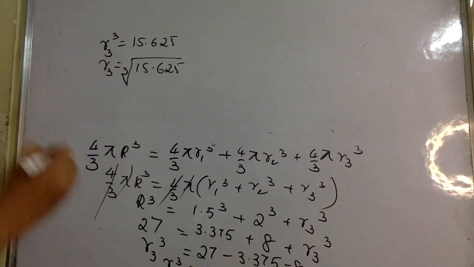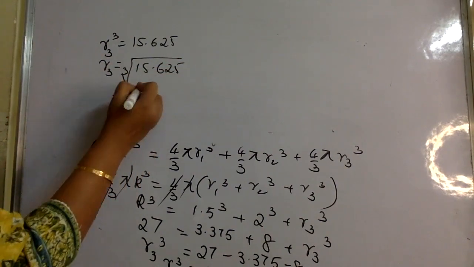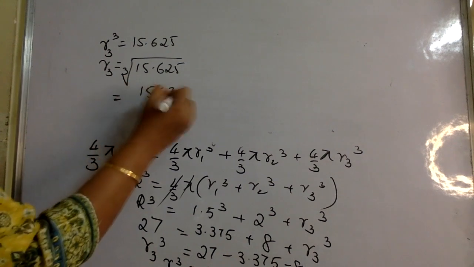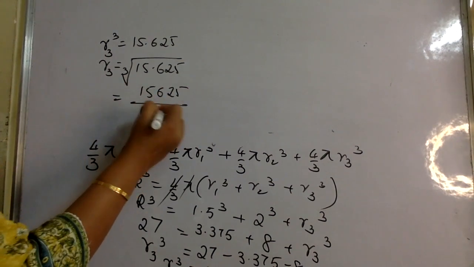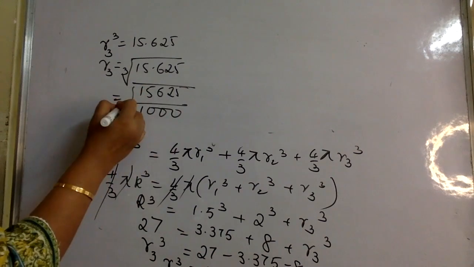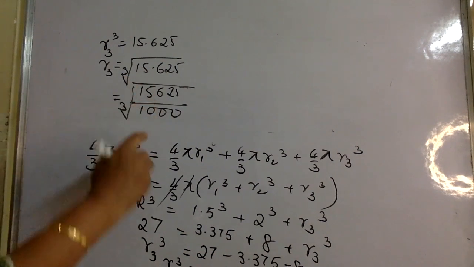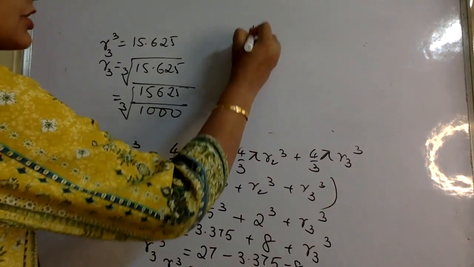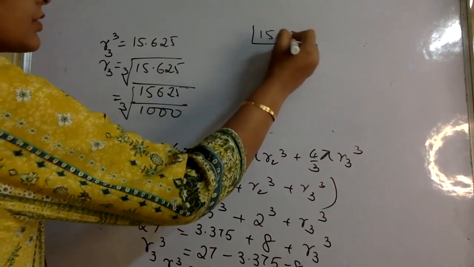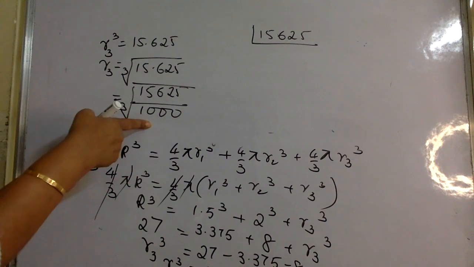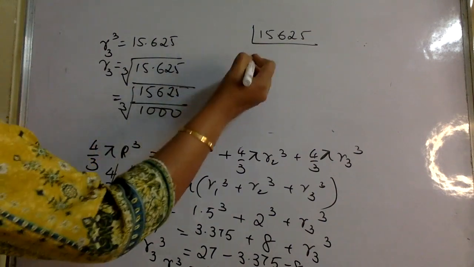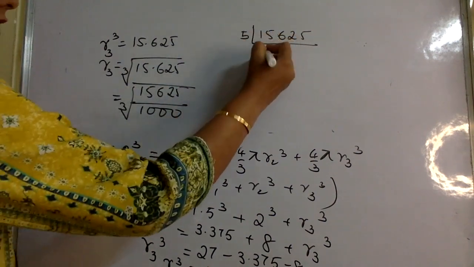I will change it to this; you have done it when you were doing cube roots, and this is where it is used. So I have divided it by 1000. Now what will I do? I'll do the prime factorization of 15625. This one's cube root, I know it is a 10. So I'll start with a 5. Don't leave out any factors.